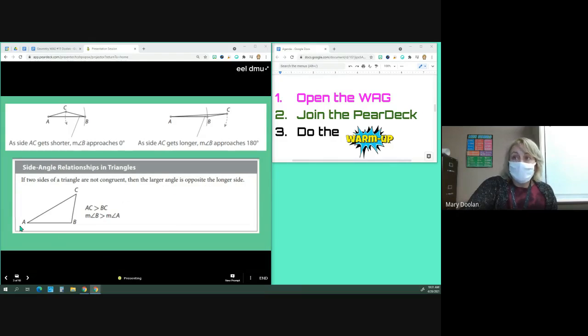So if you're given a triangle and there aren't any 2 sides that are congruent, whichever side is the longest, in this case AC is greater than BC, that means the measure of angle B is going to be greater than the measure of angle A.